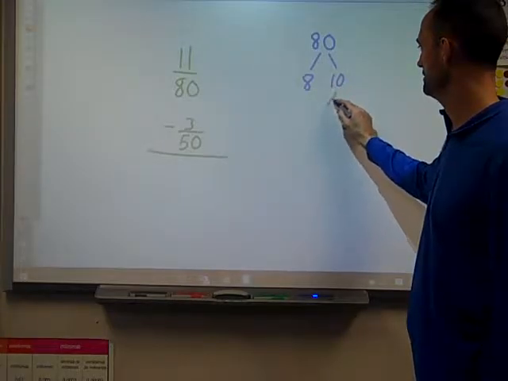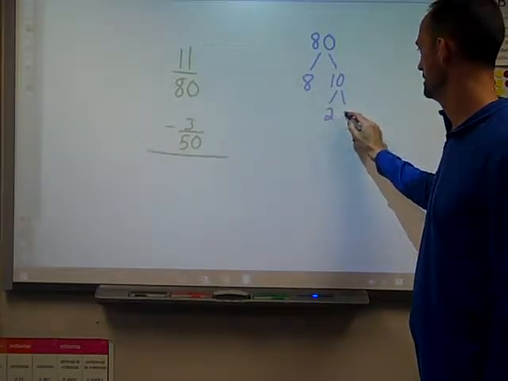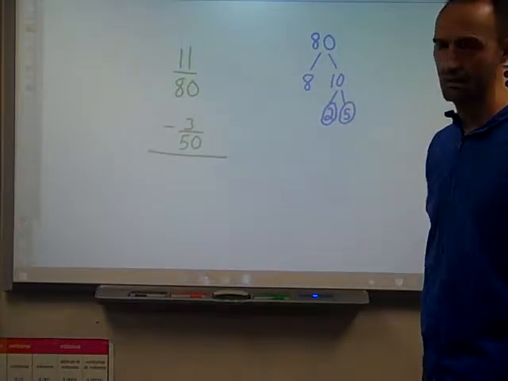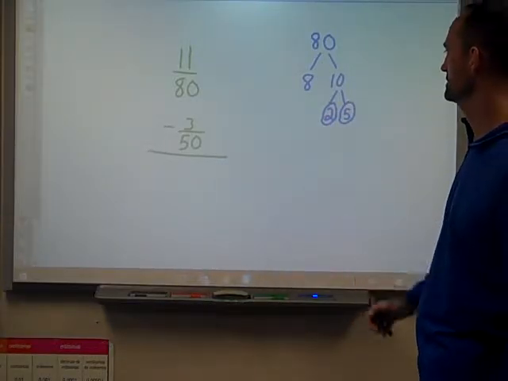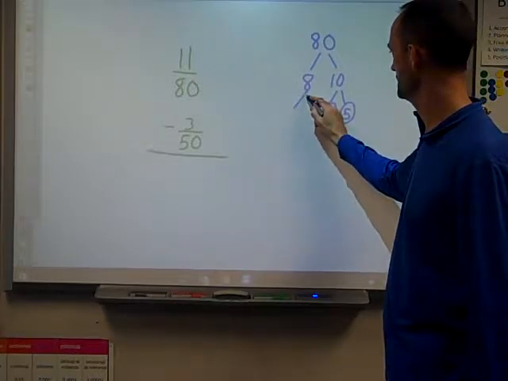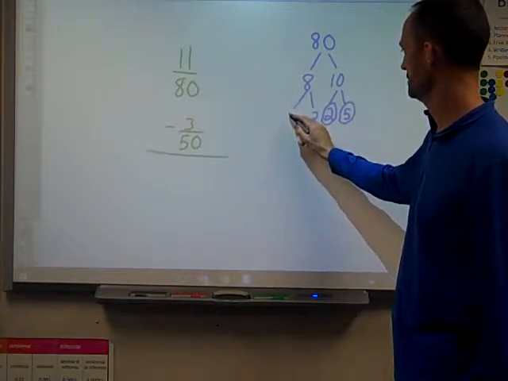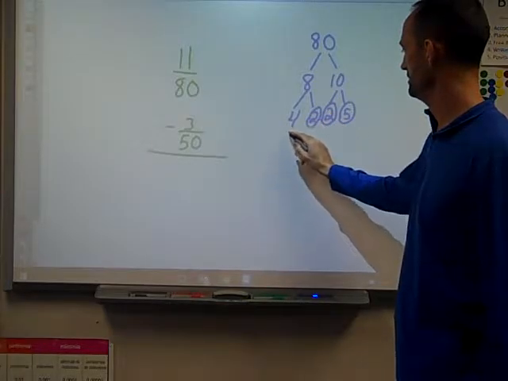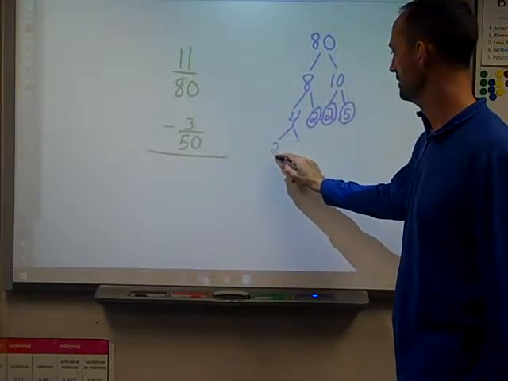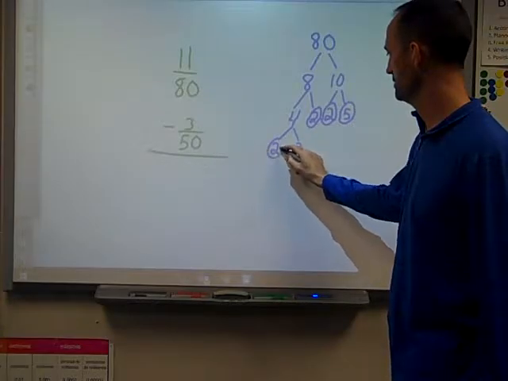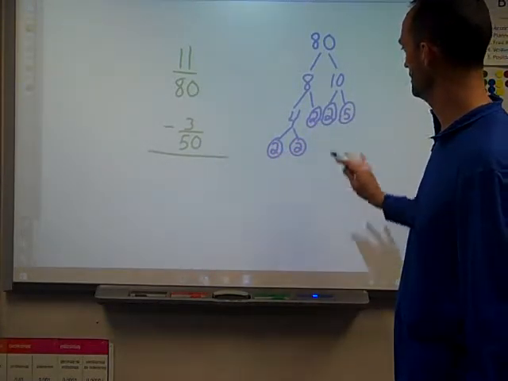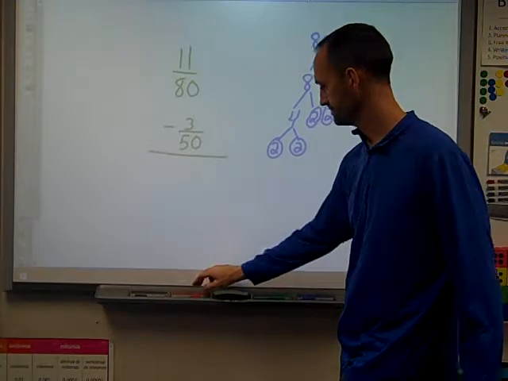Neither one are prime. 10 equals 2 times 5. Those are both prime, so I'm going to circle. 8 is 2 times 4. 2 is prime. And we continue with 4. And we get 2 times 2. Everything is circled, so I'm done right now with 80.